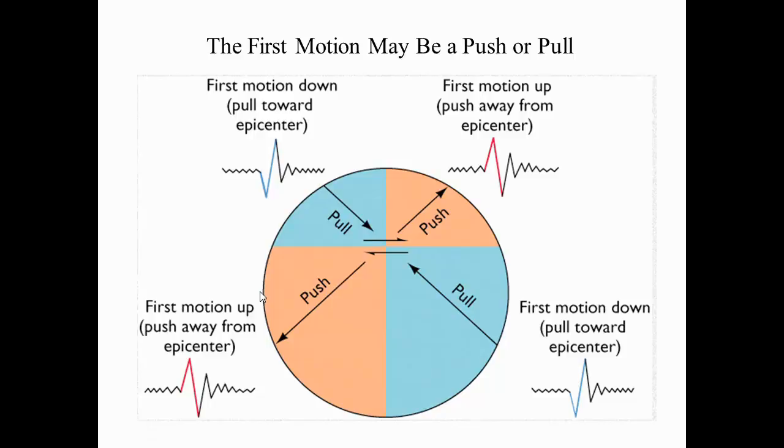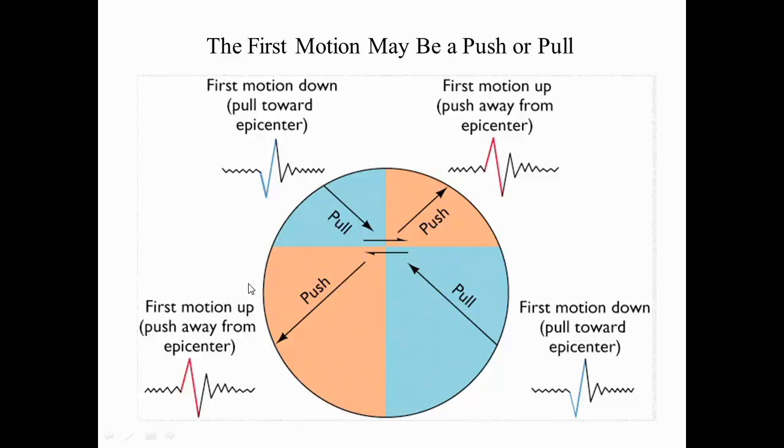And the boundaries of these quadrants can be represented by two lines, one occurring east-west, another occurring due north-south. This is the overall distribution of patterns that are expected for strike-slip motion or transform motion.